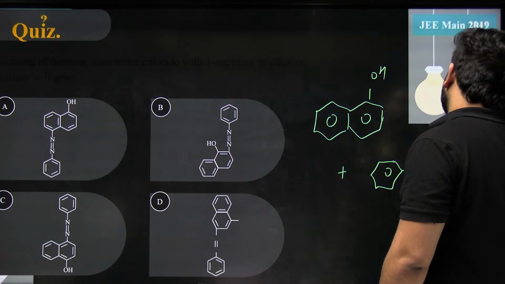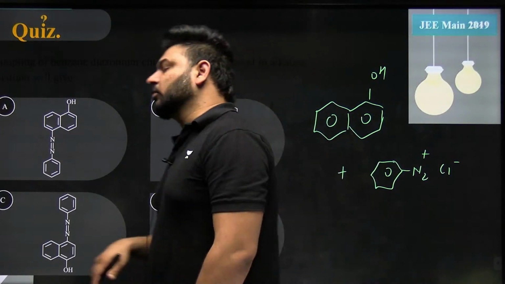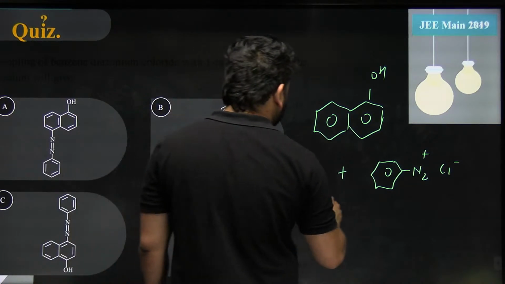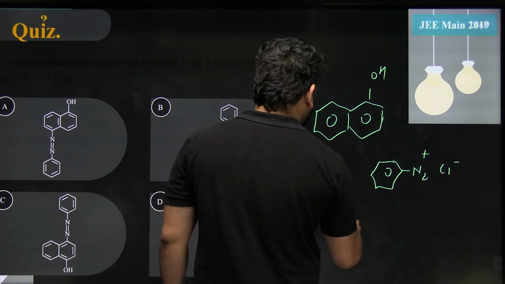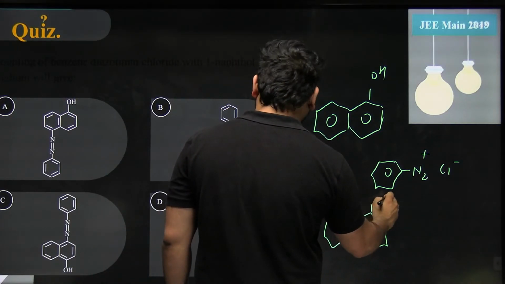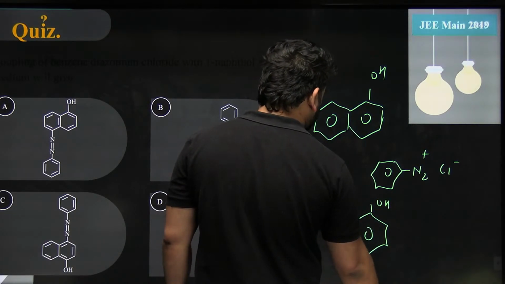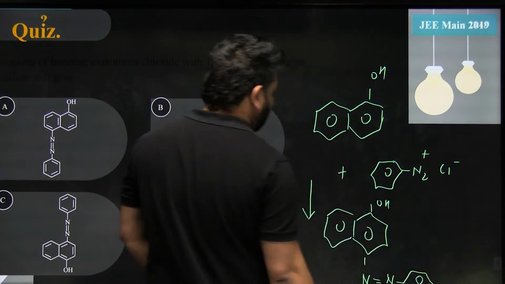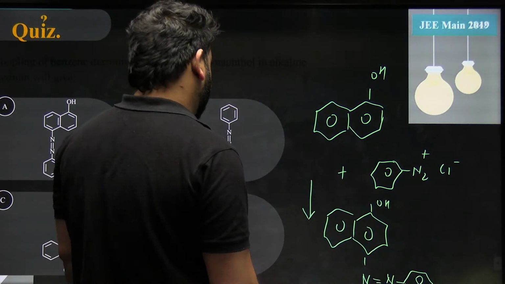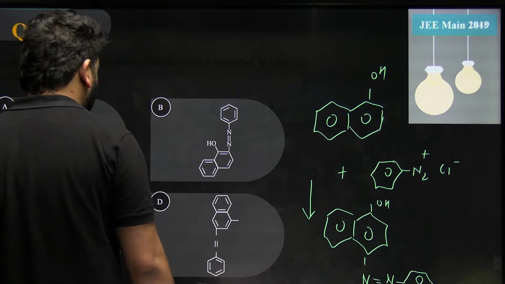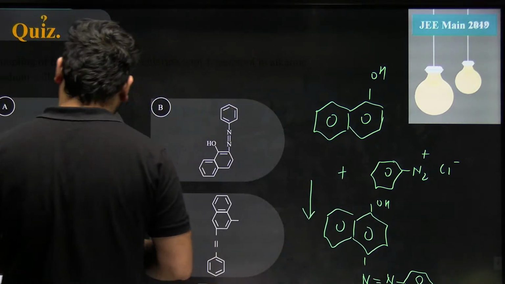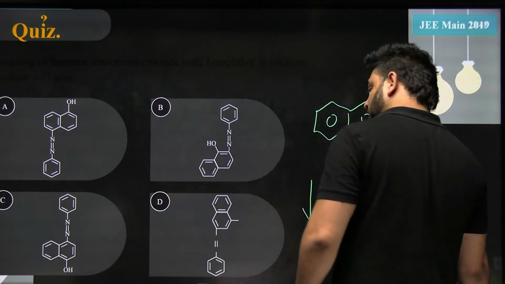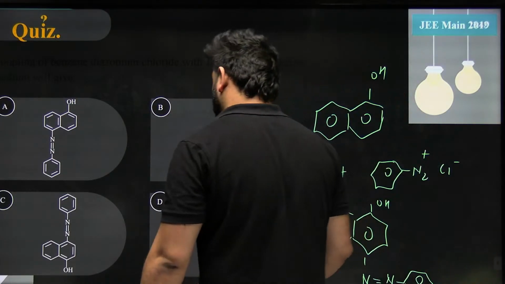This will behave as an electrophile and will attack the para position, mostly on para. So a para-substituted product should be there like this, with one OH there, and then here will be the product, N double bond N single bond benzene, like this. This is the product we got. I guess this is C, right? C is correct.